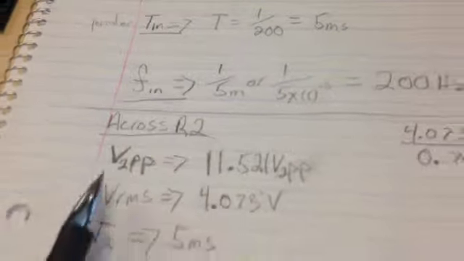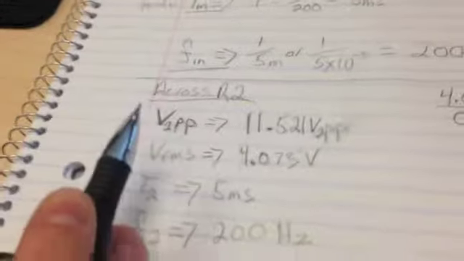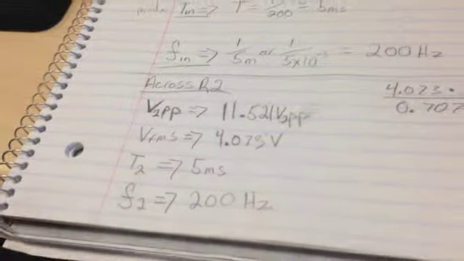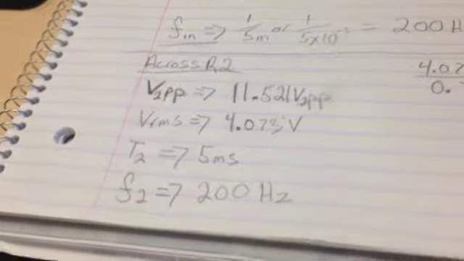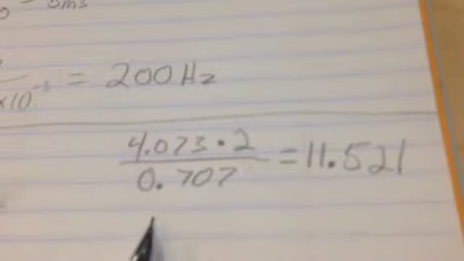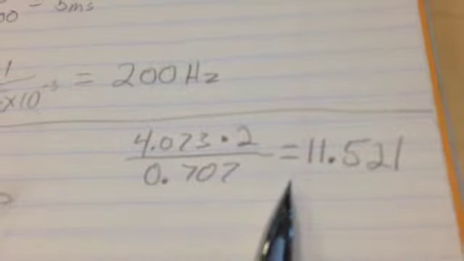Now, across our resistor 2, for our V2 peak to peak, we get 11.521 volts 2 peak to peak. And how we get that is from our voltage, which we get from our digital multimeter right here, 4.07, I've rounded to 4.073 for my formula, so I can plug it in to our formula, which I got 4.073 times 2 over 0.707, which is going to be 11.521 volts 2 peak to peak.